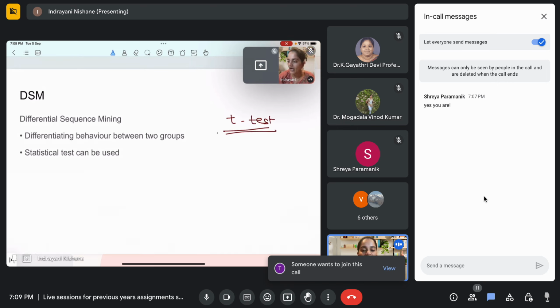And we find the significantly different patterns from each other, and then find out what are the different patterns for different groups. So DSM gives insights about how different those two groups are, and SPM gives insight about how similar those two groups are while performing their respective actions in your open-ended learning environment.